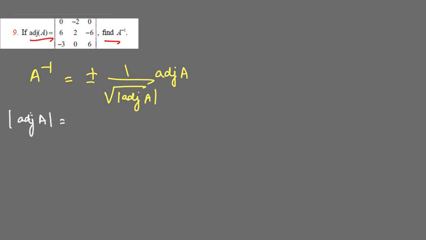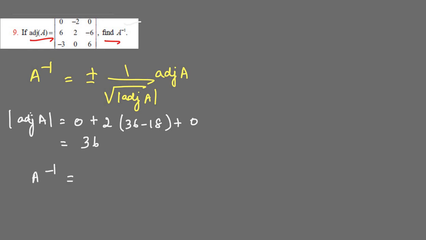Determinant of A is equal to, first element is 0. Next, minus of minus 2 plus 2 into 36 minus 18. Again, the last element is 0. So this is equal to 36. Now, I'm going to find what is adj A. Adj A is already given in the question. So now, what is A inverse?